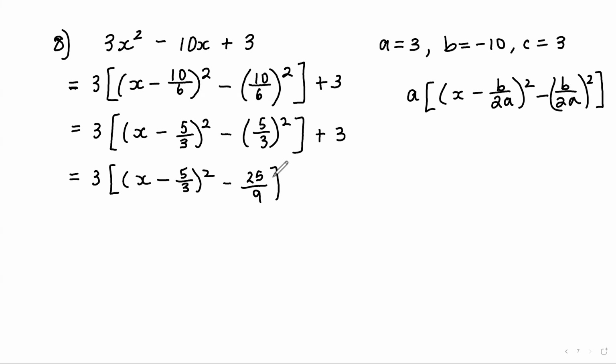All right, all of that plus 3. Now I could finally remove these square brackets by multiplying 3 throughout. So this would just be 3 by x minus 5 over 3 squared. And then 3 times 25 over 9 will give me what?